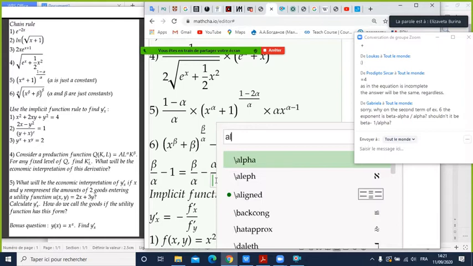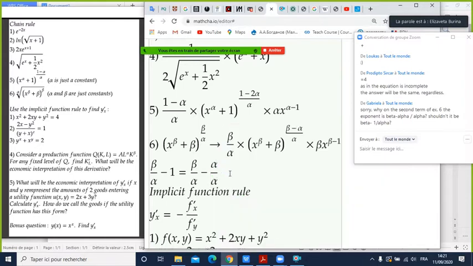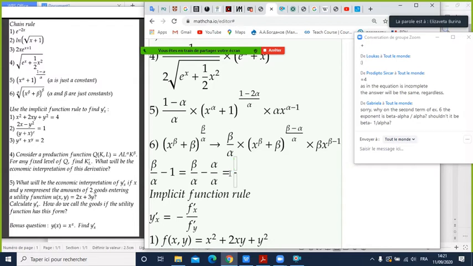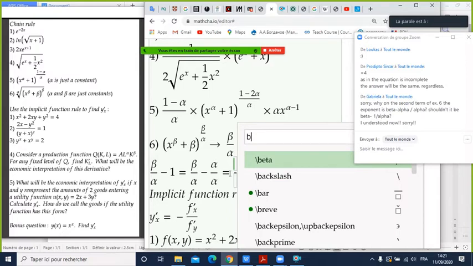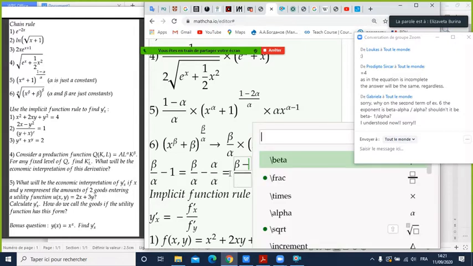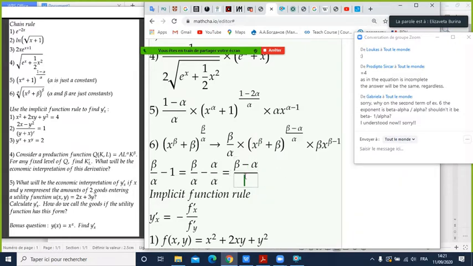So we cannot do the subtraction or sum of two fractions if they don't have the same denominator. So now we reduced it all to the same denominator, alpha, and we can write the numerator now as, well, beta minus alpha. Yes, but this is a good point because obviously you all know how to deal with fractions, right?